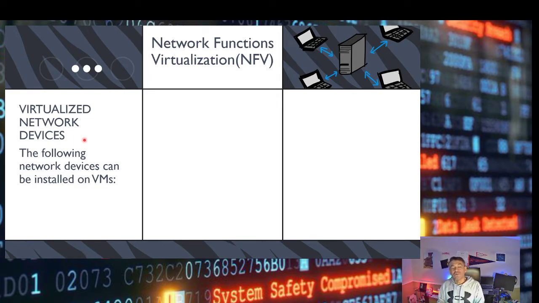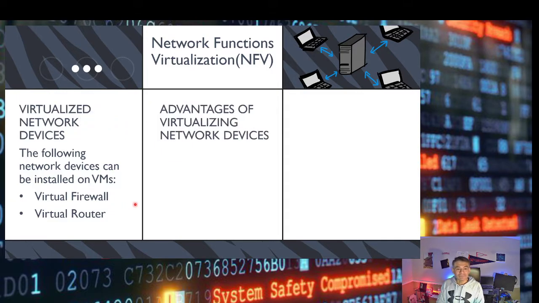You can also virtualize network devices. Examples include a virtual firewall and a virtual router. So you can virtualize a physical router and make it a VM on a virtualized environment, and that will be a way of saving money.